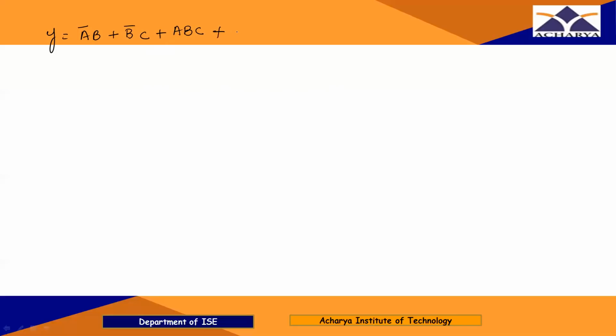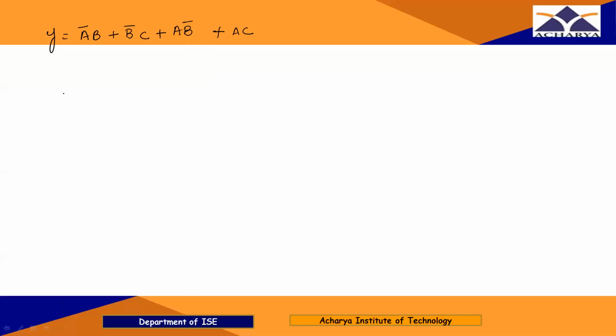Plus A C. So for this circuit, now I have to draw the pin numbers, right? I'll do some small changes. Okay. So here I'm going to write this as A B bar, right? So this is the expression.